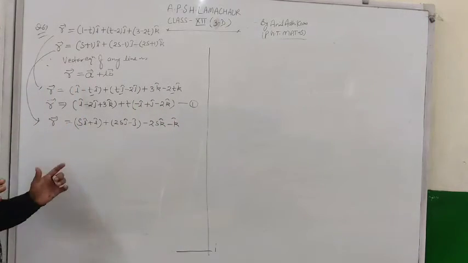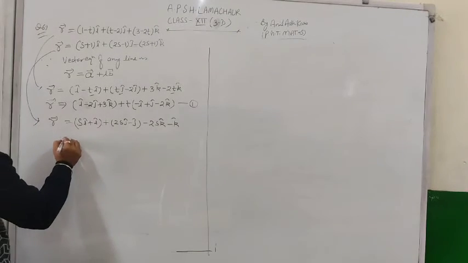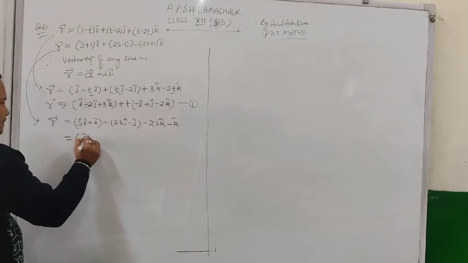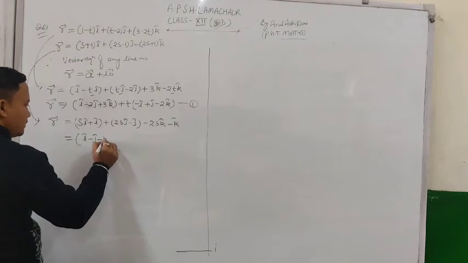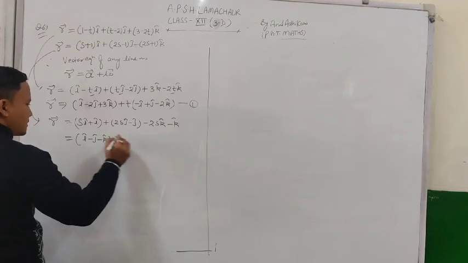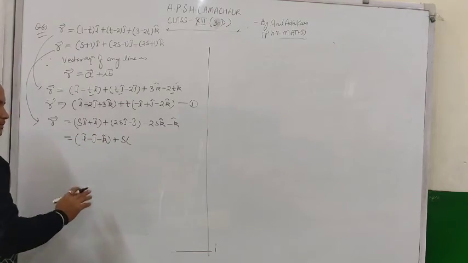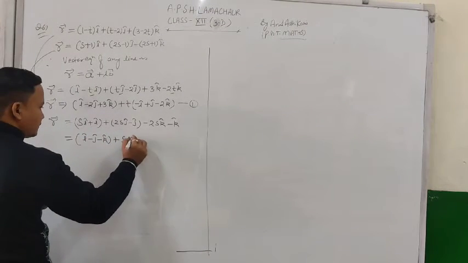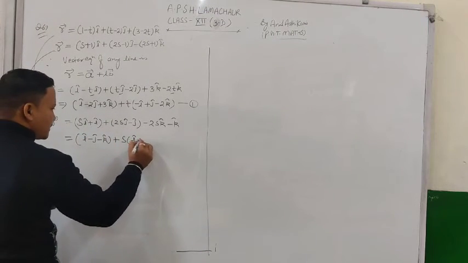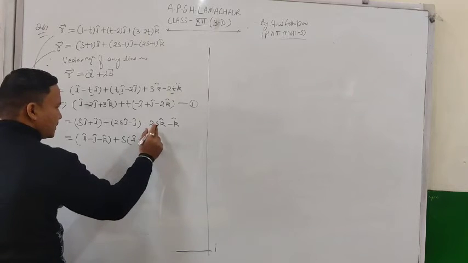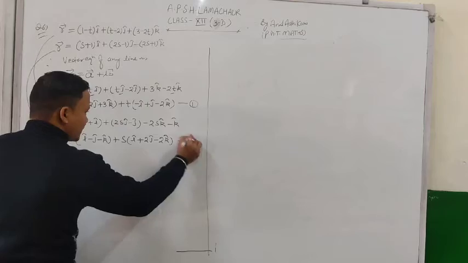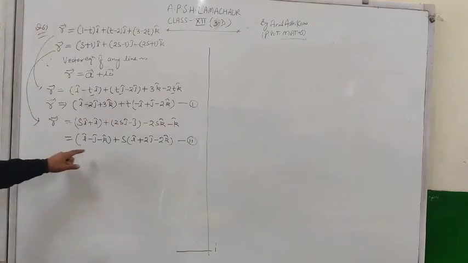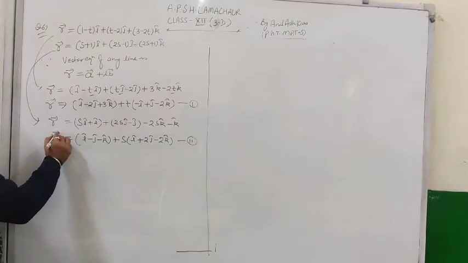Now taking all the terms without s within one bracket, we get i cap minus j cap minus k cap within one bracket, plus s times, taking s as common, we get from here i cap, and from here plus 2 j cap, from here minus 2 k cap. Let it be the second line, equation of second line.